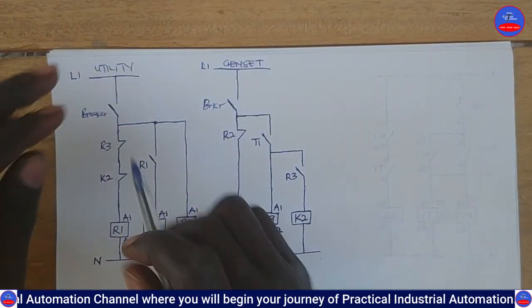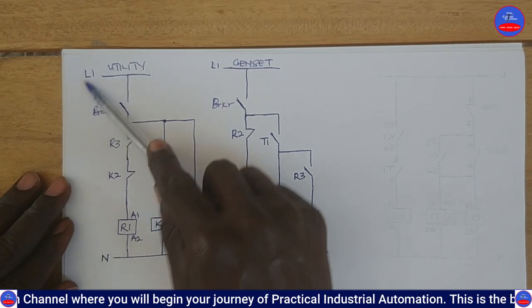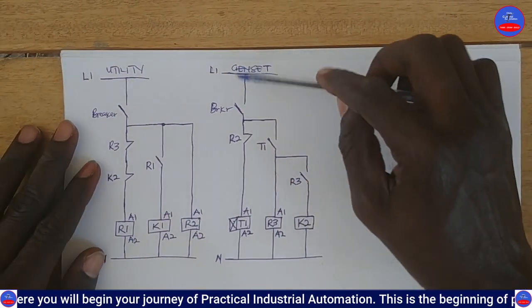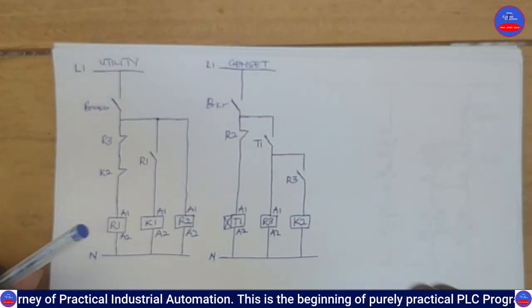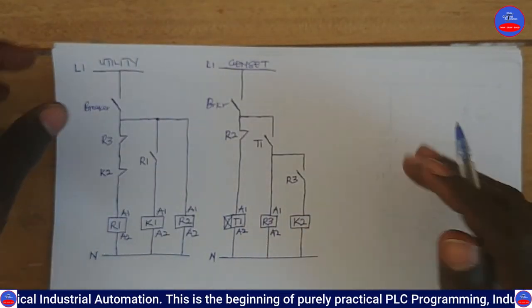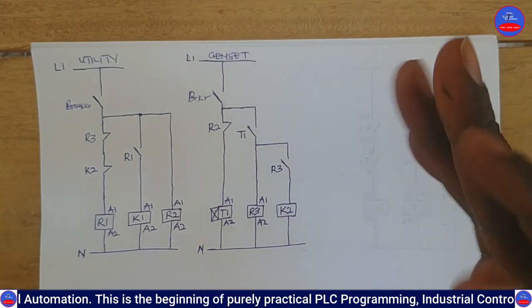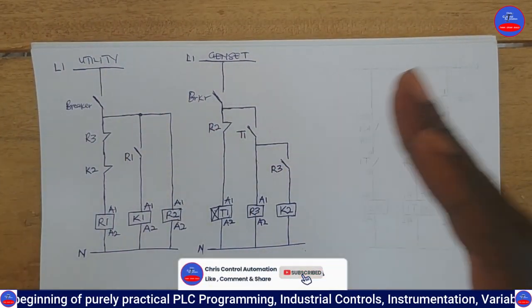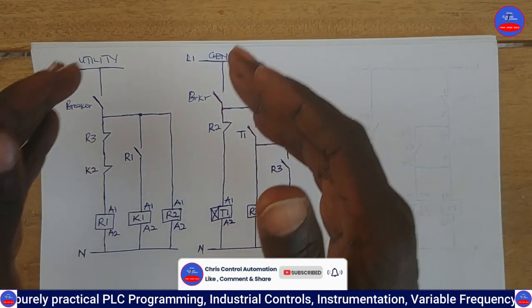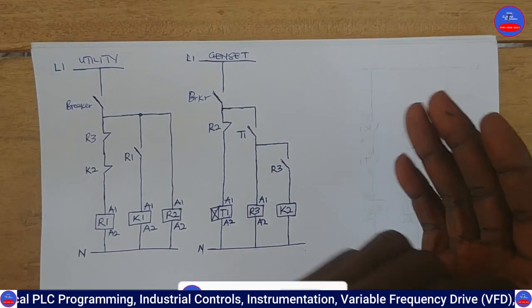The utility would have its own live and neutral, and then the genset, this live 1 and the neutral, will come from the genset. When you get to the final practical automatic changeover switch, that is where I would explain those ones too.